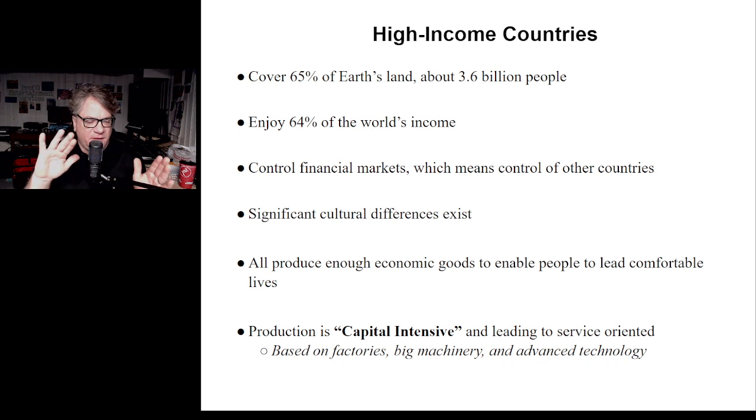So the other end of the spectrum here of capital intensive is labor intensive. Labor intensive is a lot of human labor going into economic activity. It's not that there's not a lot of human labor going into economic activity in high income countries, but the difference is with the addition of advanced technology.